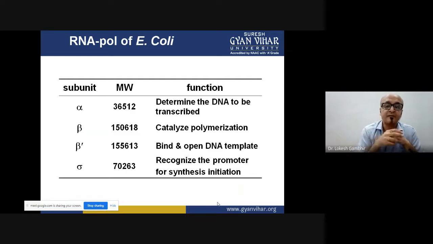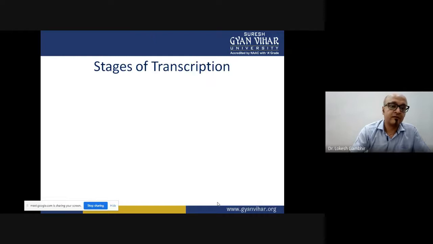The beta is responsible for polymerization. The beta prime is responsible for binding the DNA, and it also has the helicase activity which will open the double strand DNA, because you need to open the double strand to get access to a template strand. Once you get access to the template strand, then only an RNA molecule will be synthesized using this. And sigma, as I told you, is required for the initiation of this stage.